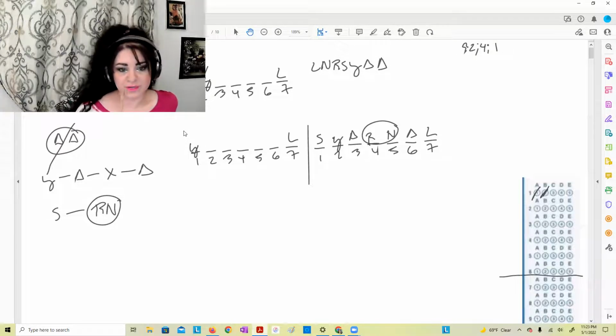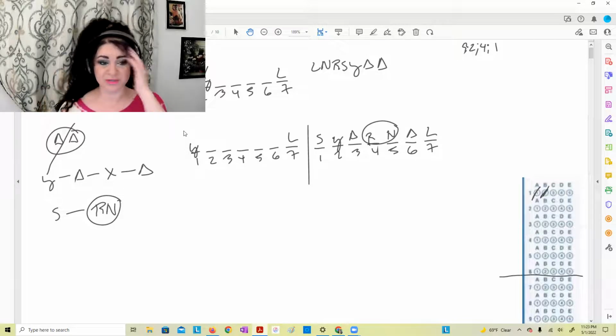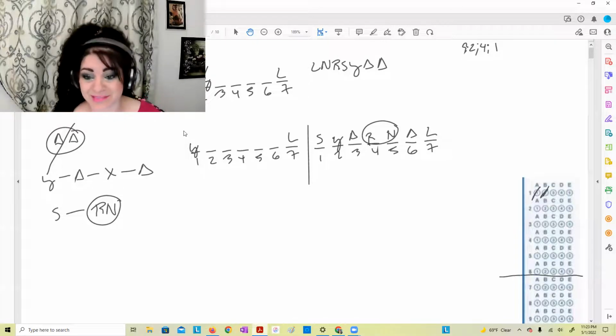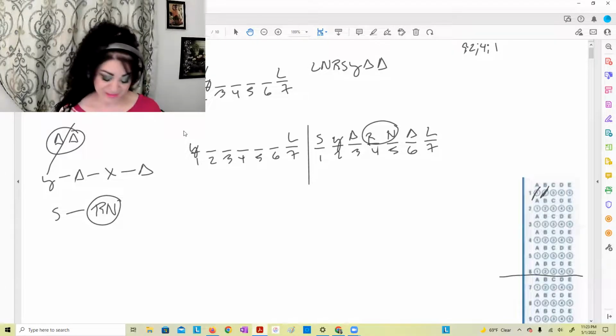What is our next rule? Our next rule is the RN rule. By the way, for these types of questions, I'll usually read off of the actual passage, not my notation, not my shorthand, not my symbolization. It's the only question type that I do that for, just because it goes faster. So next one is the RN rule, which E violates.